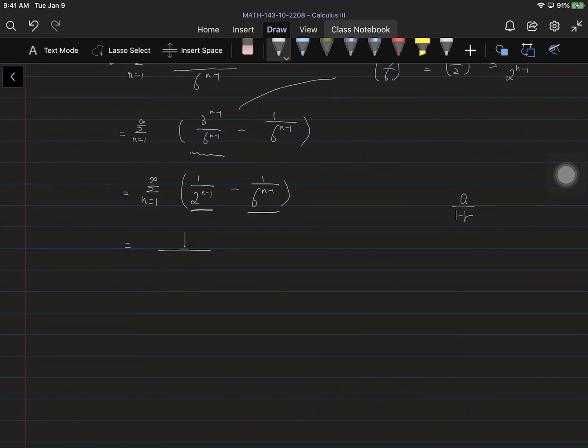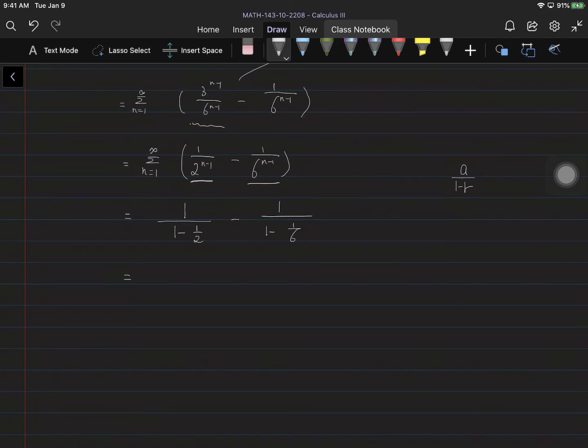All right, that's the first term. And the 1 minus r. Can you see what the r is for the first geometric series? Should be 1/2, right? And the same thing for the second series. The first term a should be 1, and the ratio r is 1/6.